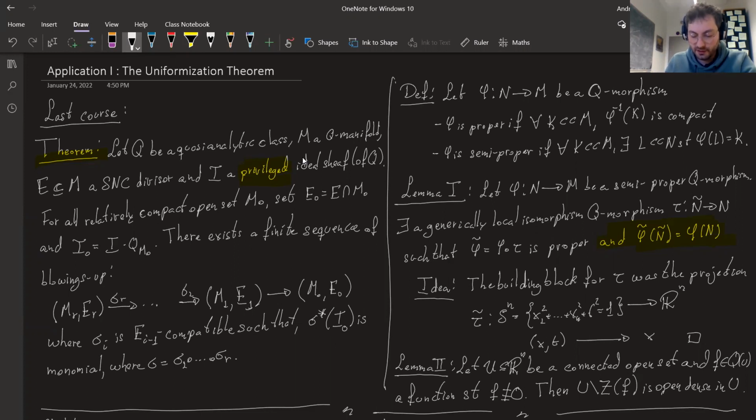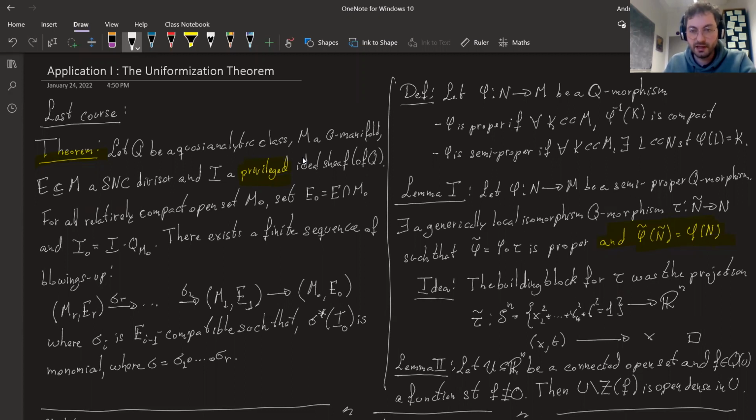And then we provided a lemma that missed an important point. It was at the end of the course, and I wanted to finish with the proof of this result, and I forgot to add a very important point so that the lemma is not empty. The lemma says that if we take a semi-proper Q morphism, a quasianalytic morphism, then there exists a generically local isomorphism, which is a Q morphism, tau from n tilde to n, such that the composition is proper.